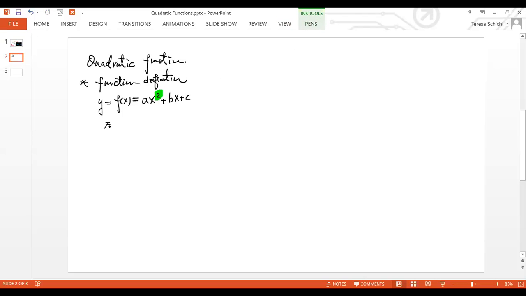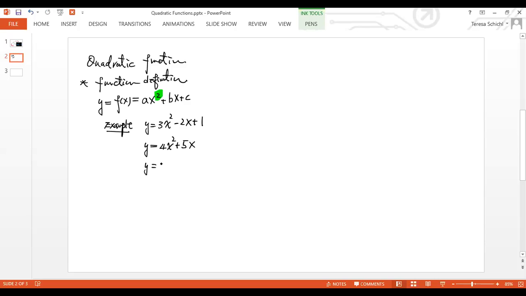For example, those are quadratic functions. If you have y equal to 3x squared minus 2x plus 1, this is a quadratic function. Or if you have 4x squared plus 5x, this is a quadratic function.